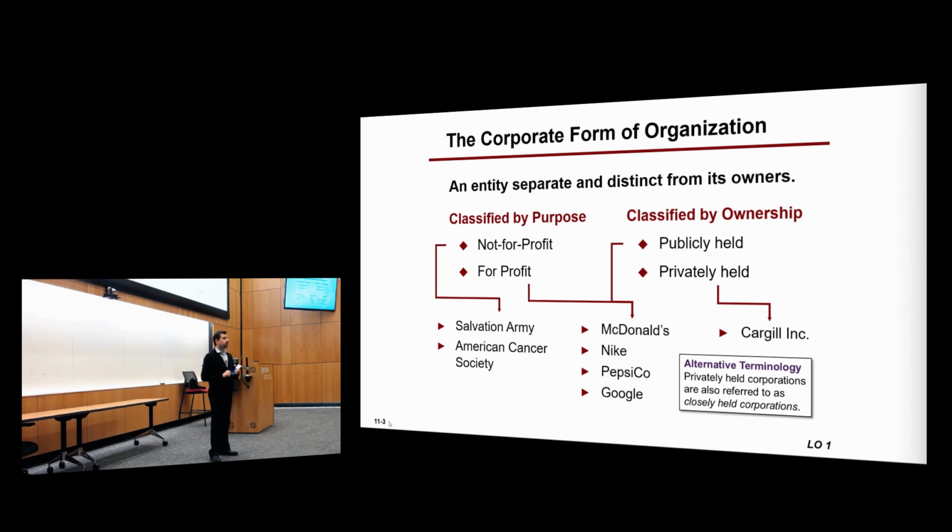Whether or not their main goal is to make money. Exactly. So when we talk about classification by purpose, it simply means, are we talking about a company or a corporation that is created to make money, that's a for-profit company, or not-for-profit corporations.